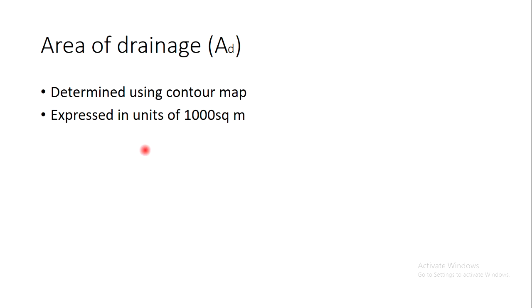Usually it is expressed in 1000 square meters, so 1 unit of area of drainage is equal to 1000 square meters. Here we came to know the value of C, the value of I and the value of AD. Once you multiply C into I into AD, we will come to know the value of Q, that is the runoff.